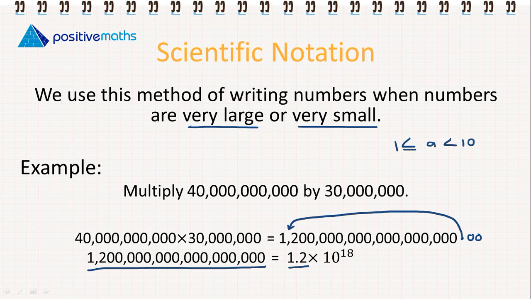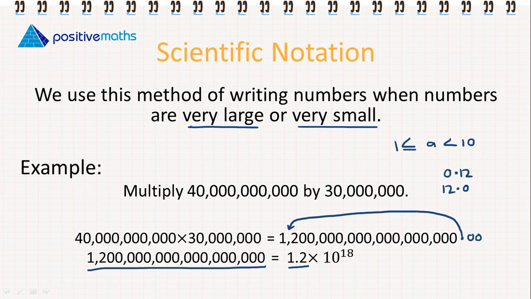In this example, that would be 1.2. It can't be 0.12 because that is less than 1, and it can't be 12.0 because that's greater than 10, so that's why we know it has to be 1.2.